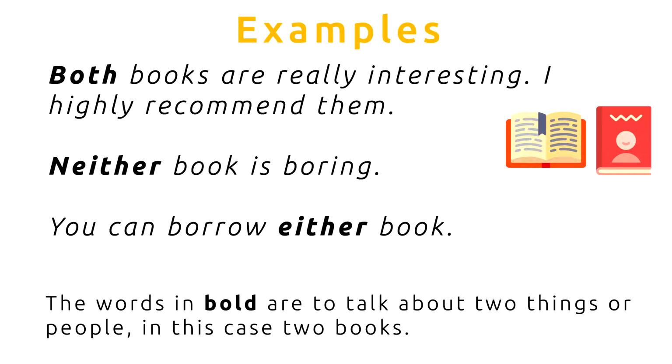In this case, 2 books. That's why I grouped these 3 structures together, because all of them talk about 2 things or 2 people. That's why they're so related. They're always talking about 2 things or 2 people. So just remember that. Let's look at each one in more detail.